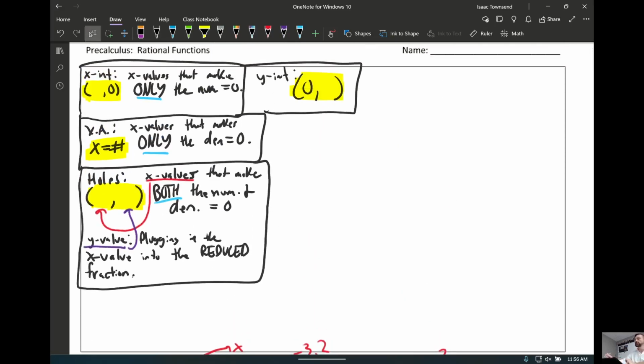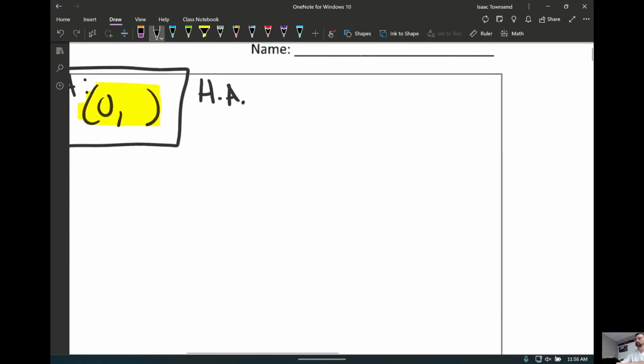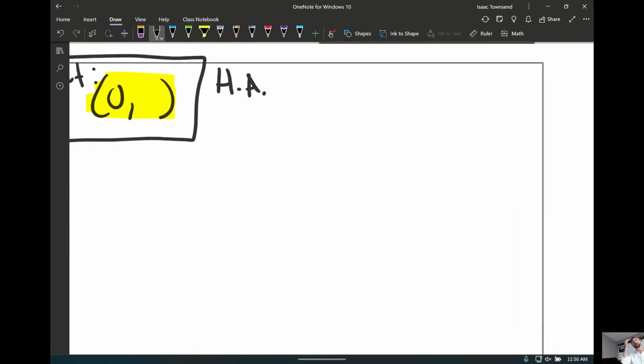We have actually talked about the rules for horizontal asymptotes recently because we needed that for some of our limit stuff, and we needed it for something else as well. So this is where you're going to compare the degrees of the numerator to the denominator.